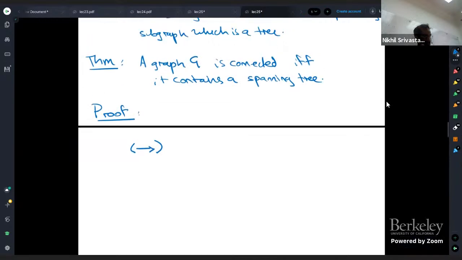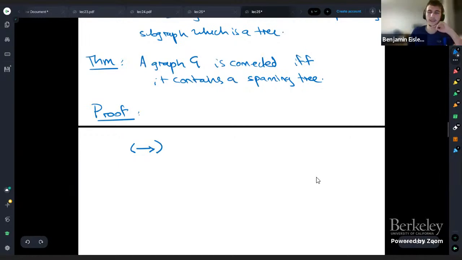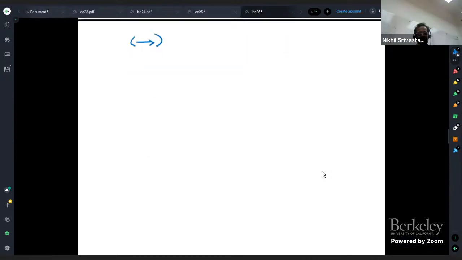Any ideas on why this would be true? Well, if it has a spanning tree, then within that tree, the tree has to be connected. So we've always got a path between any two points, and that path is also going to exist in G. So what you're describing is the other direction of the proof.